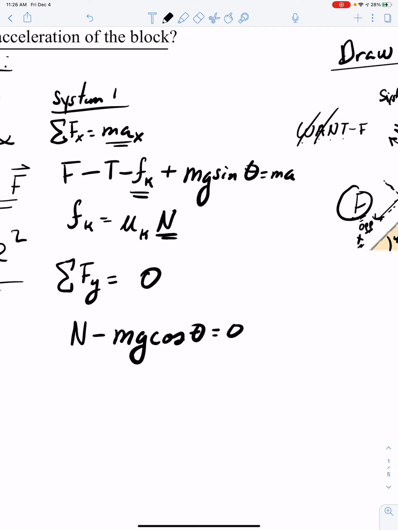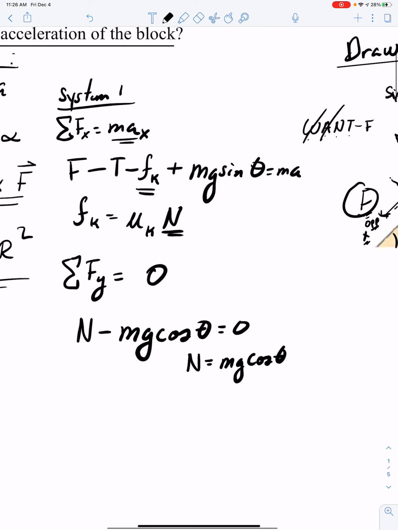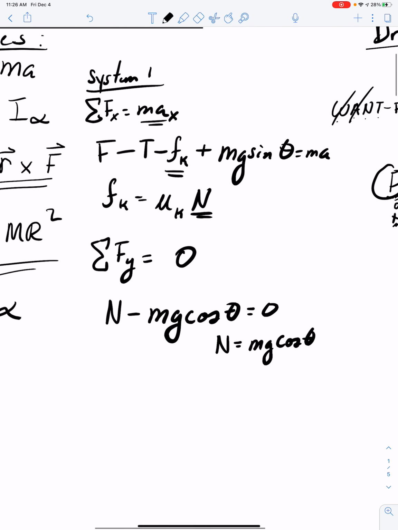Now we have normal force equals mass times gravity cosine theta. This is good because now we can solve for the friction, and we have friction equals the coefficient of kinetic friction times mass times gravity cosine theta.